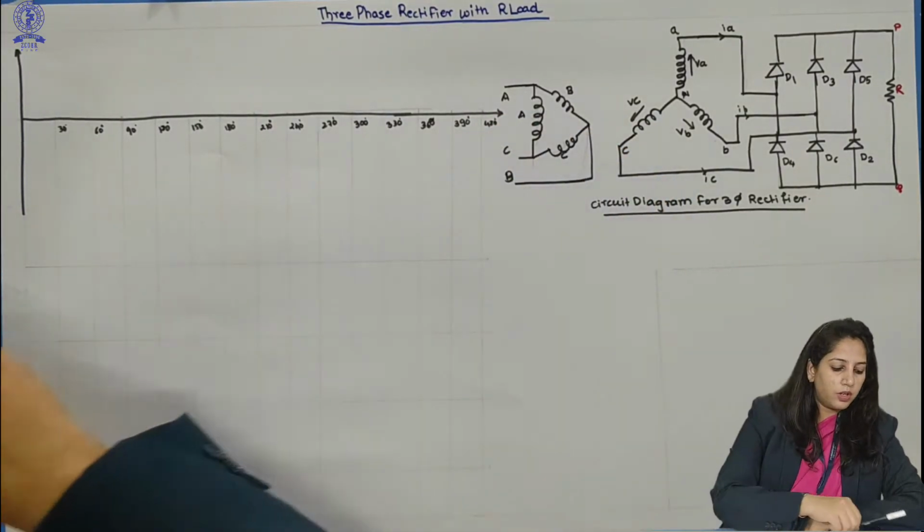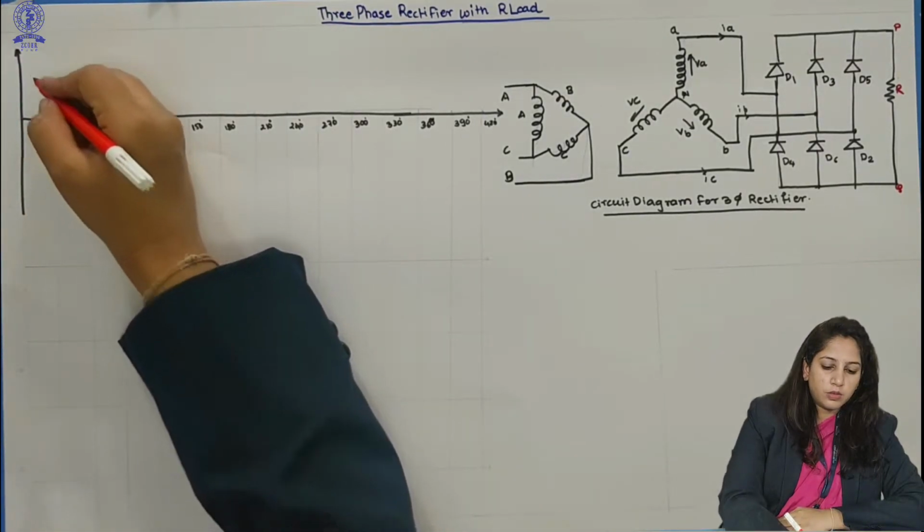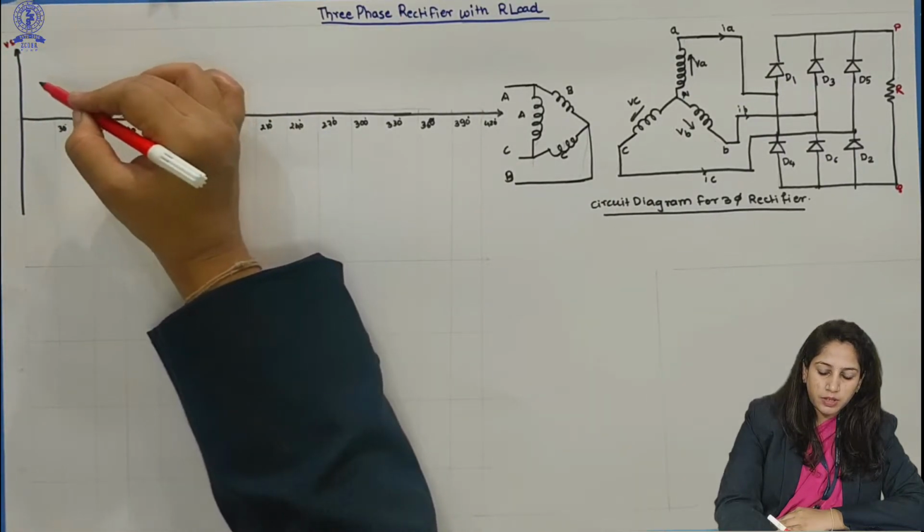Now I will first draw the red one. This is Vs, and I will draw RYB.